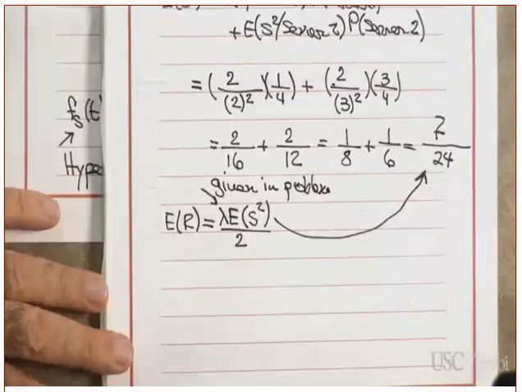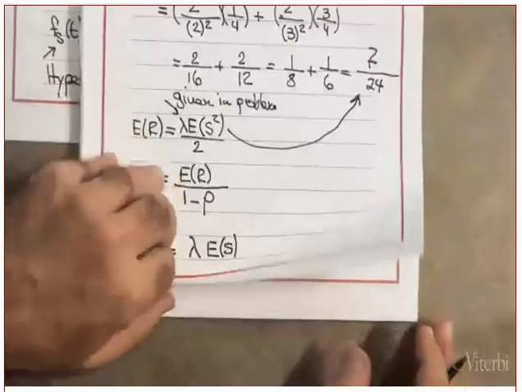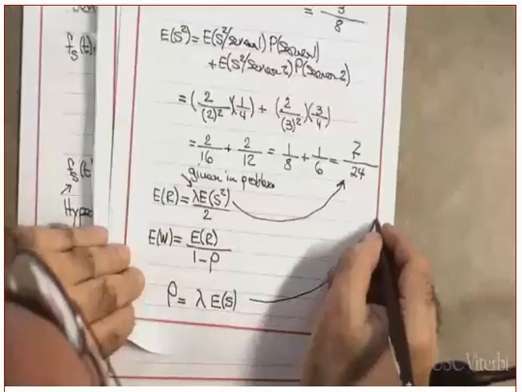Let's see if you can help me here. So, preemptive queuing. Assume we have two priorities, 1 and 2.